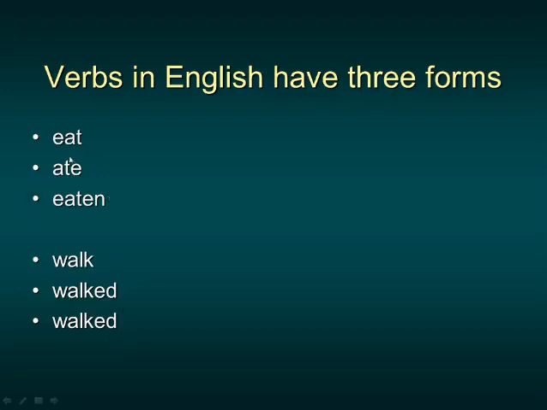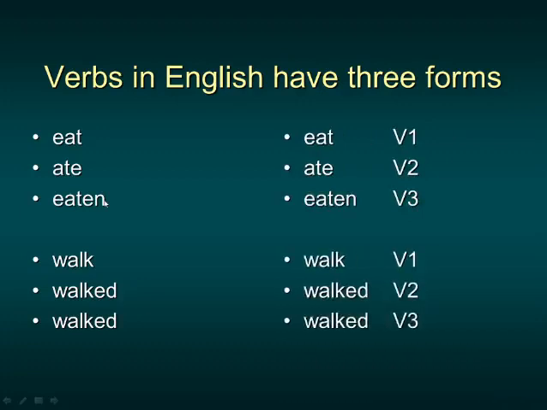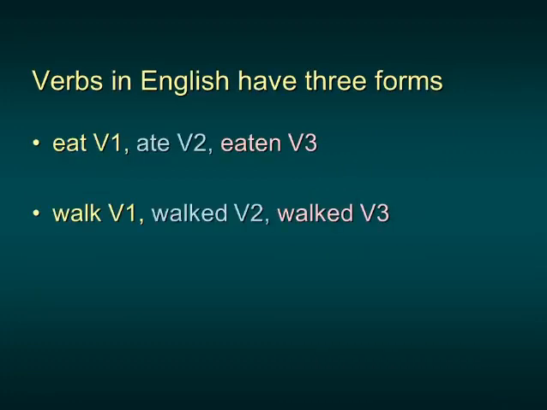This one is present, past, and past participle. In short, we call it V1, V2, V3. It is given here: walk, walked, walked. Verbs in English have three forms: V1, V2, V3.